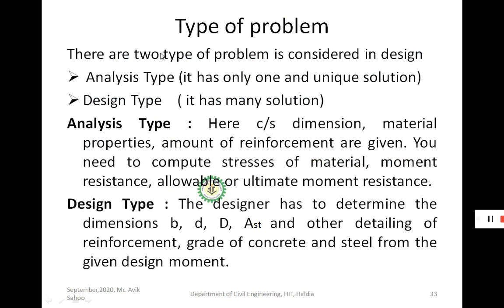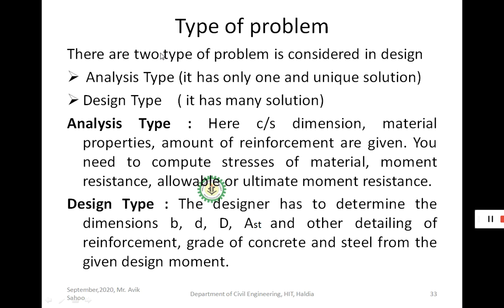So that's why ultimate load methods are not used now. Only two methods are left: the working stage method and the limit state method. In these two methods, we have two types of problems: one is an analysis type of problem and the other is a design type of problem.